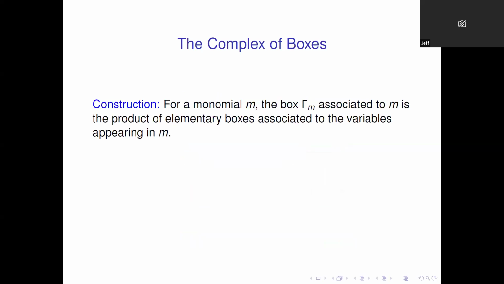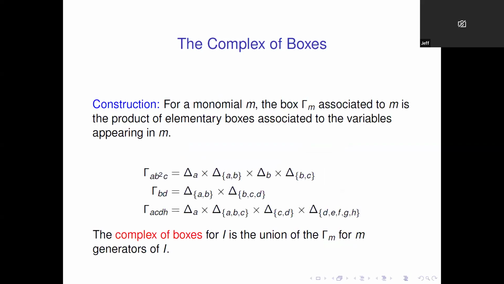And so the construction of the complex of boxes is that for every generator of your ideal, you're going to build a box gamma M as a product of elementary boxes that are associated somehow to those variables. And we haven't found a really good way to write clearly what the association is. So I'm going to go by example. The first box always starts with A and ends with whatever the first variable is dividing your monomial.